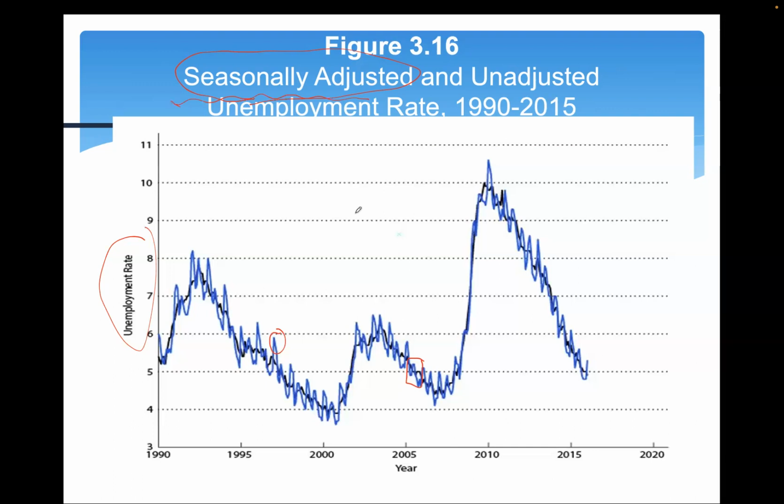Because we have better technology, so that even in cold weather we can still do, for example, farming, using a greenhouse. In other words, with technology change, this seasonal effect is going to dwindle.